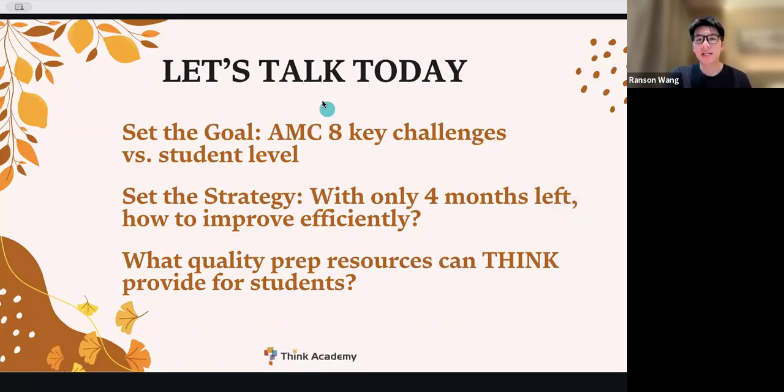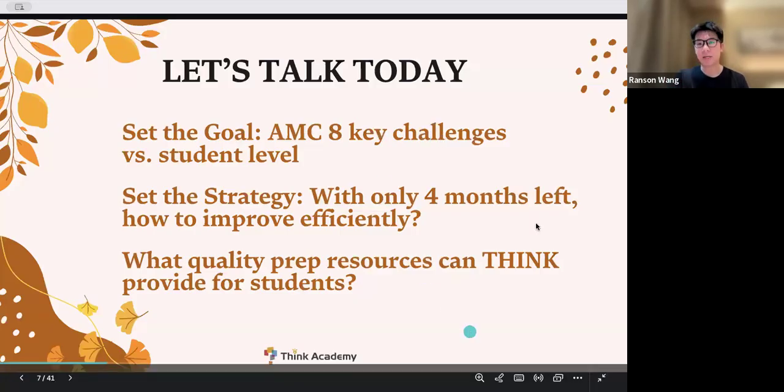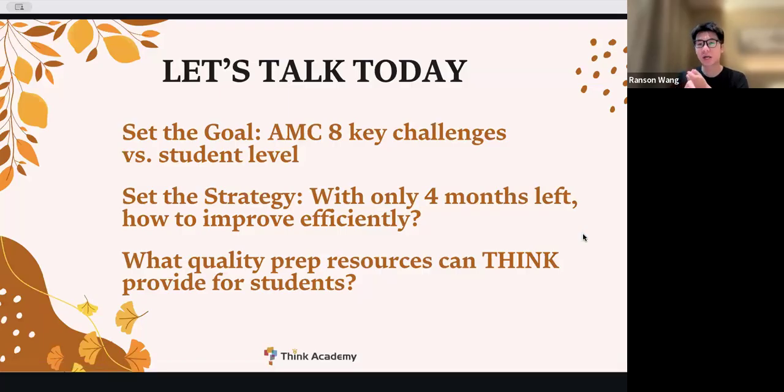So for today, we're going to talk about 3 steps. First of all, in order to get started preparing for the MCA, you have to set a proper goal. So what are the MCA key challenges versus the students' level?